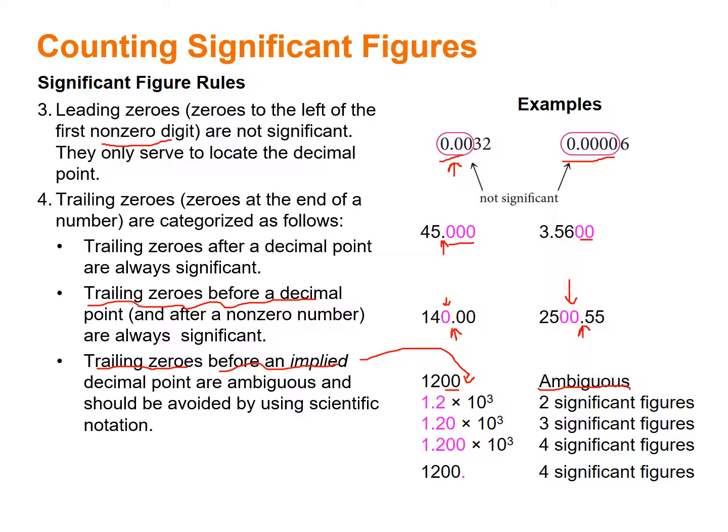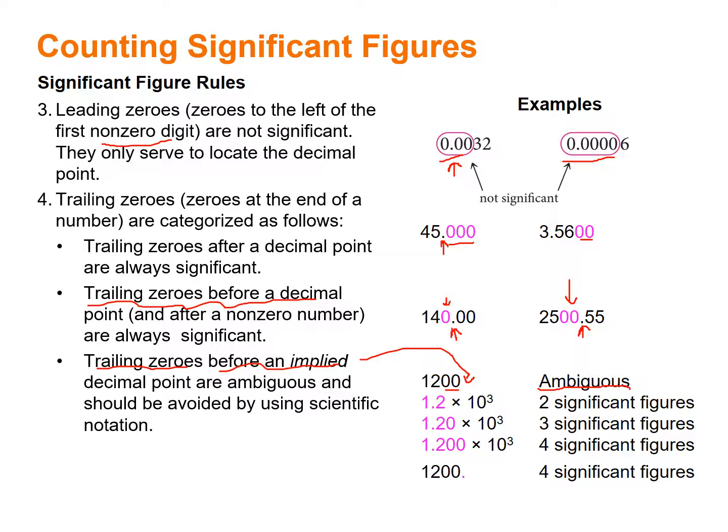So you had to put them in because they are placeholder zeros. But it's possible that you actually measured something down to the last one. So you actually measured 1200, and it wasn't 1201, it wasn't 1199, it was actually there.